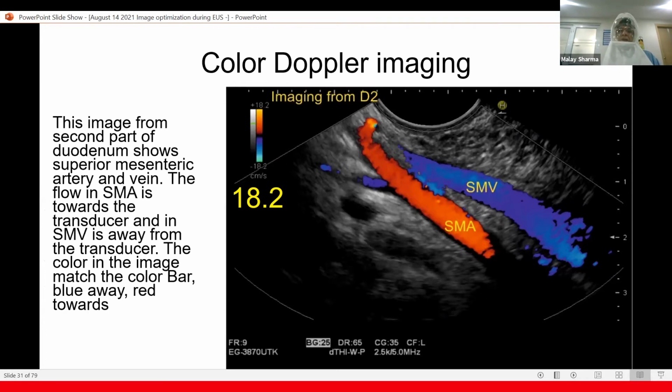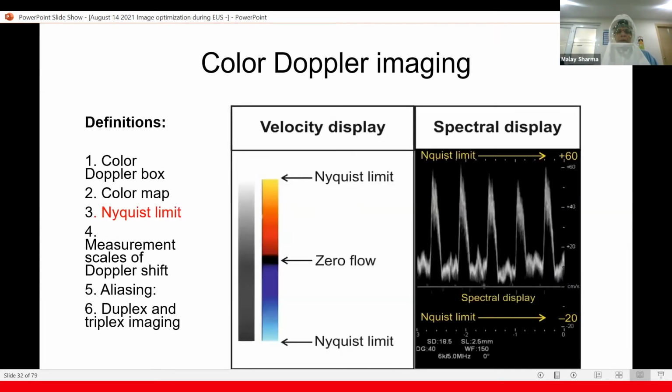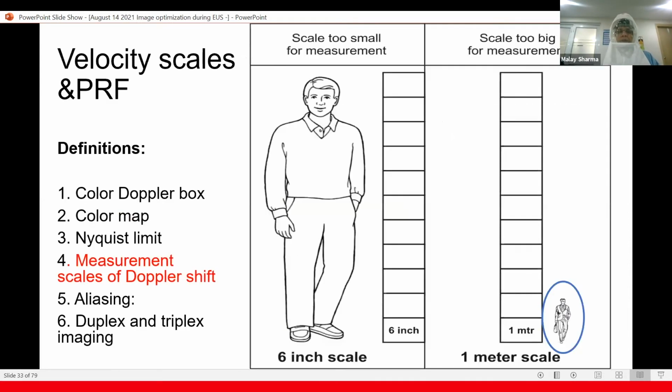So one is artery coming towards you, vein going away. The Nyquist limit is the upper limit of measurement, 18.2. When this is exceeded, in this case the measuring Nyquist limit is plus 60 and minus 20, and this graph is mostly plus, so you can say it is a good demonstration of the graph.